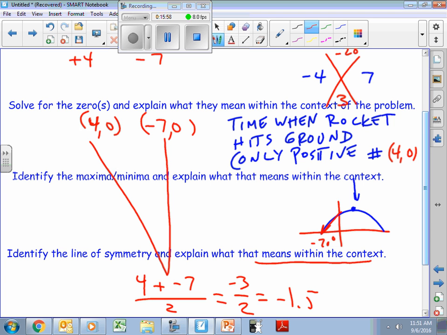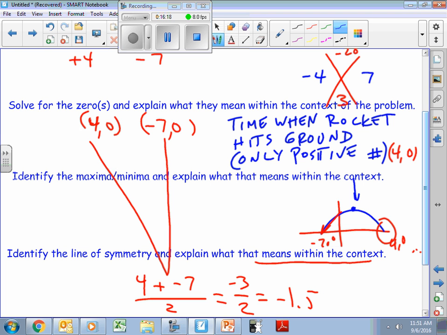So the one you want to say is where it hits the ground, but you need to say it's only the positive number. That part's important if you're getting a 4. If you're not getting a 4, it doesn't matter.